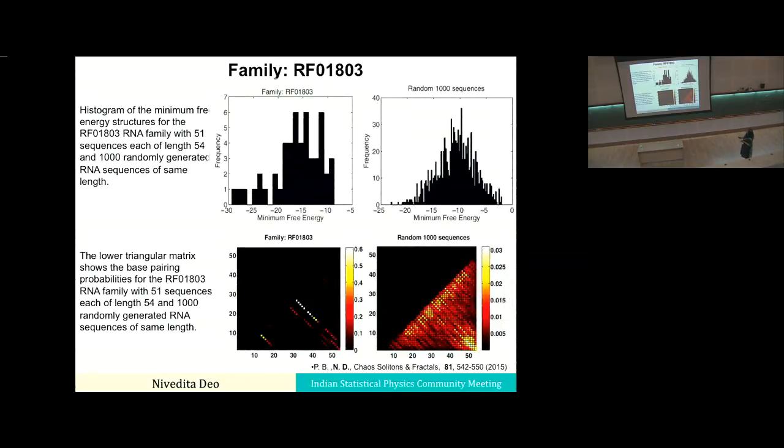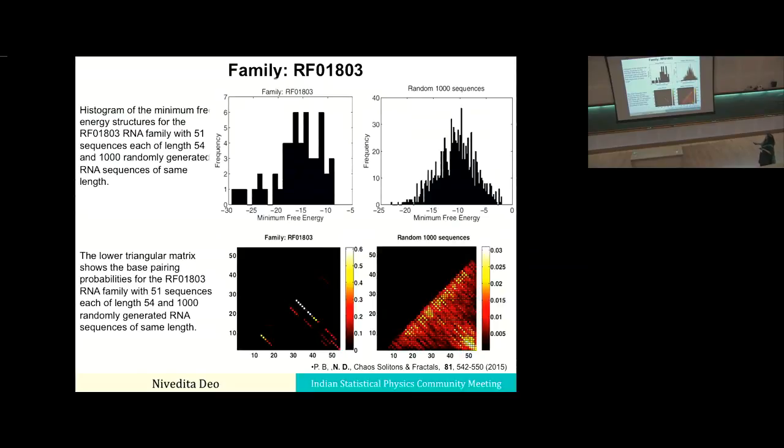This is another family, and you see the structures. This family has 51 sequences of length 54, compared with 1,000 randomly generated RNA sequences. And this is again the pairing probabilities for this family, and you see the structure.